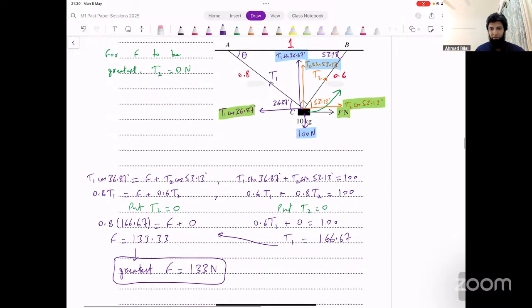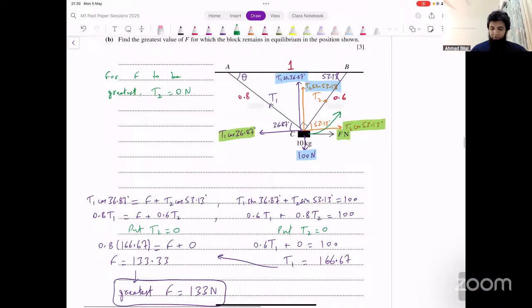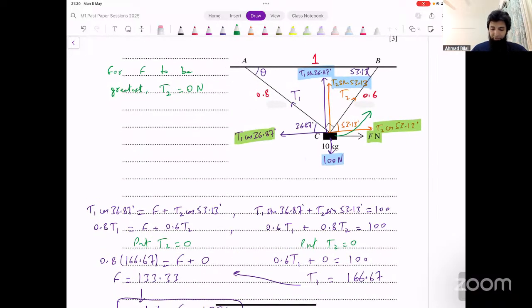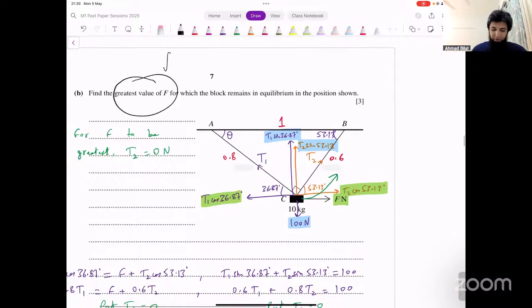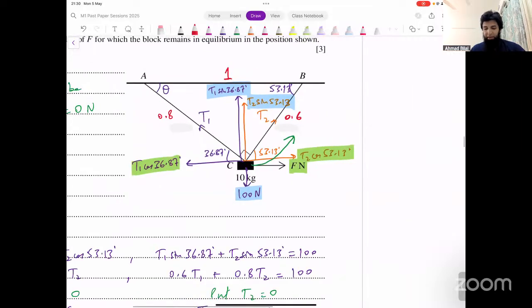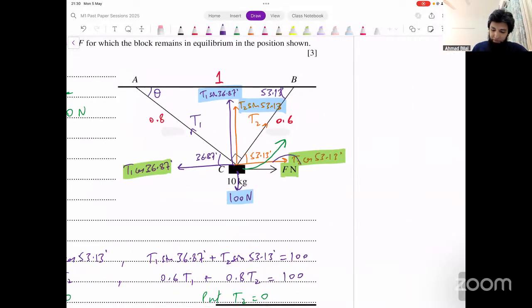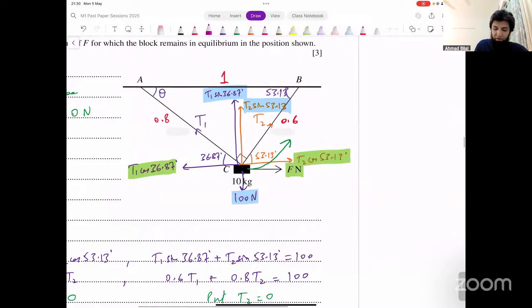Okay. We just discussed that. They are asking us for the greatest possible value of F. If F becomes very big, they want the object to remain in equilibrium, right?